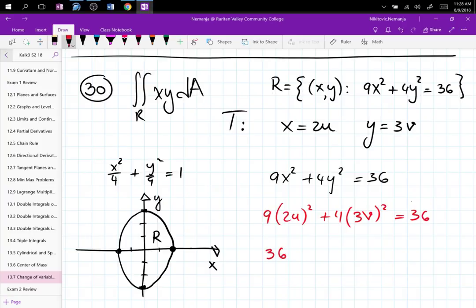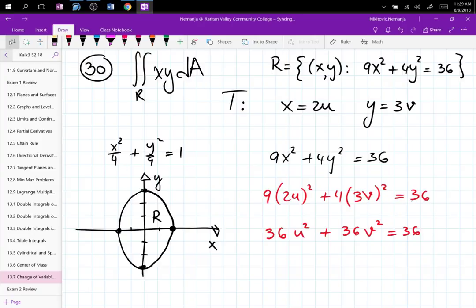This is 36u squared plus 36v squared equals 36. Divide everywhere by 36 and you get what? Unit circle. Right? So this transformation was beautiful.